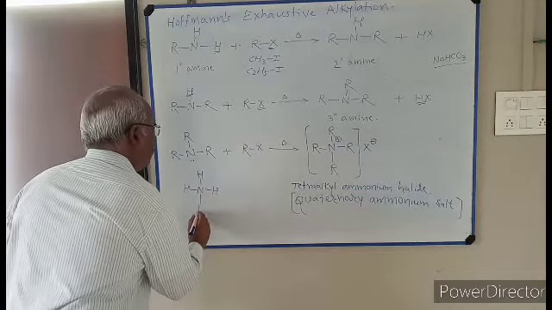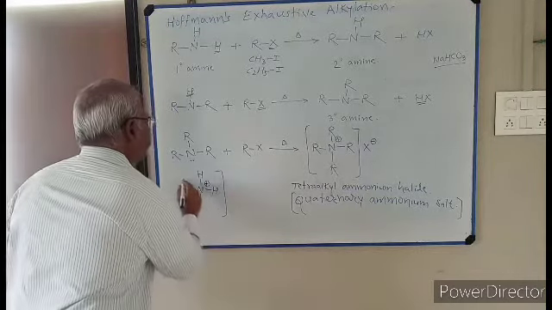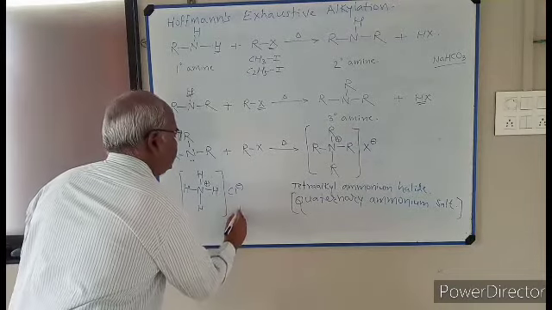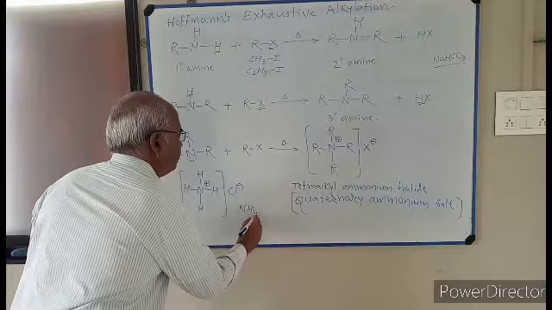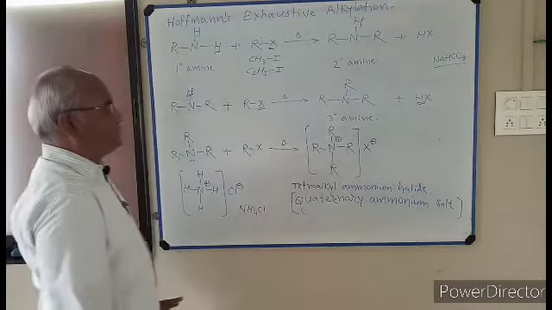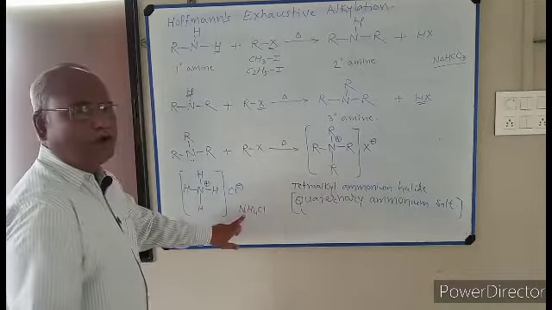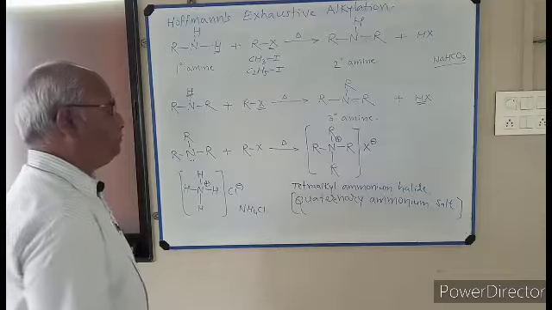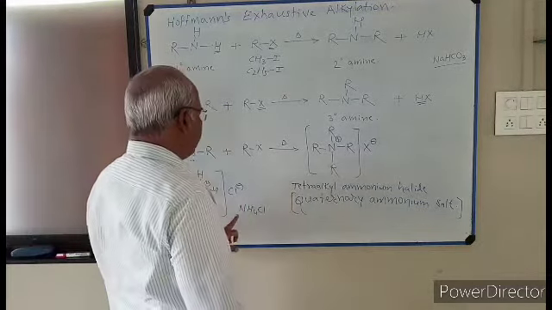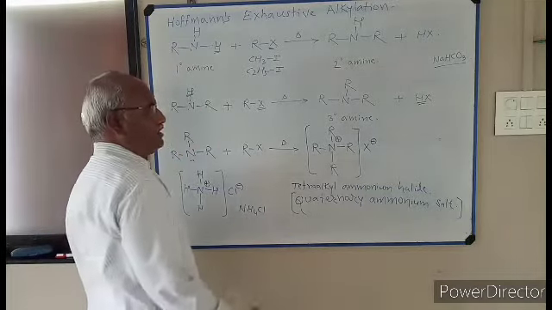This is the NH4 plus ion; with Cl minus, that is NH4Cl. So quaternary ammonium salts are the tetraalkyl derivatives of ammonium halide.